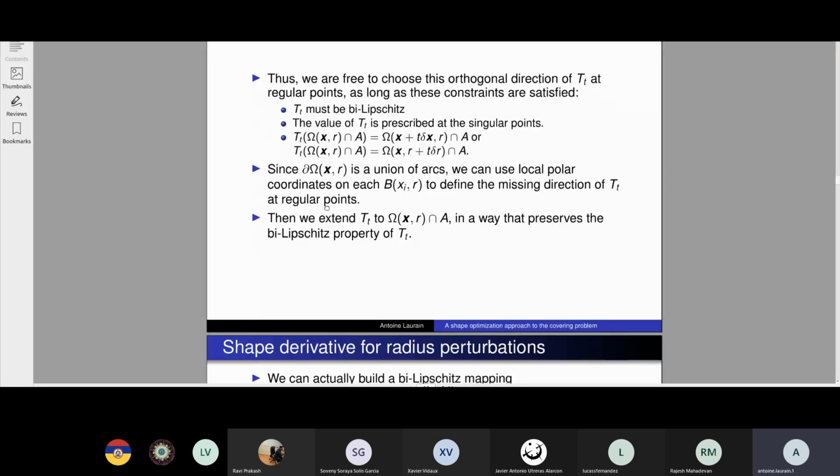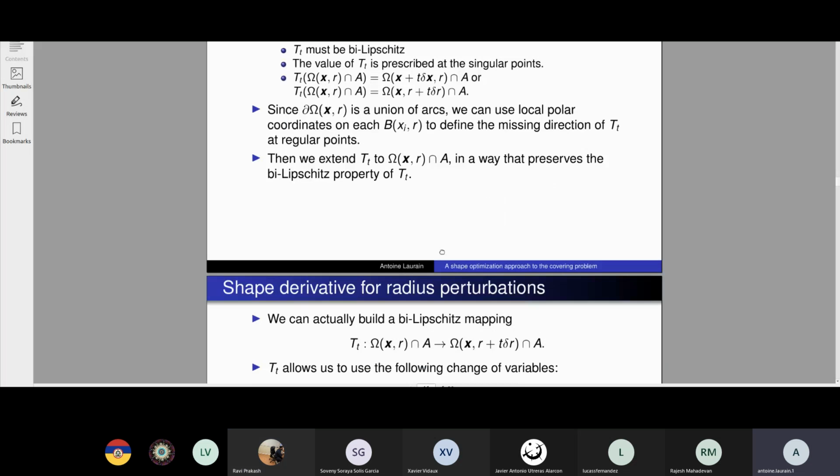And then in this way, we can define the transformation T everywhere on the boundary, and then we can extend in a Bi-Lipschitz way everywhere inside the domain. So for this, we don't need an explicit extension. We do this just using some general extension, okay?